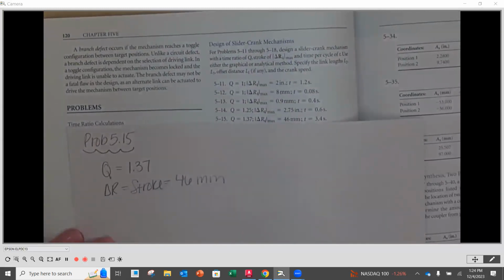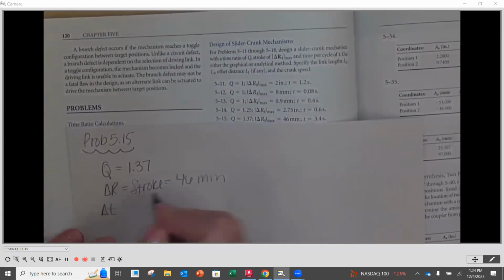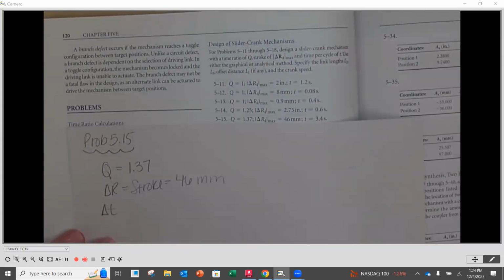Our delta R, which is also equal to our stroke, is equal to 46 millimeters. And our delta T, even though they call it T, they're giving us the cycle time. It's called delta T in the equations and is equal to 3.4 seconds, total.